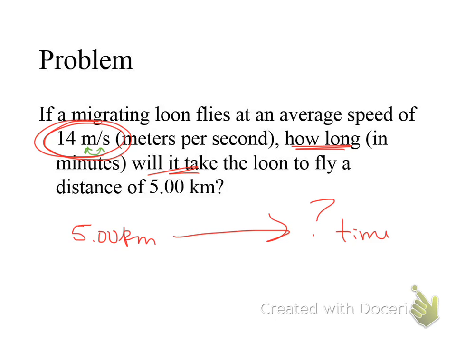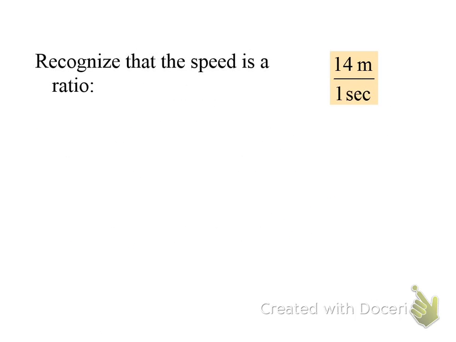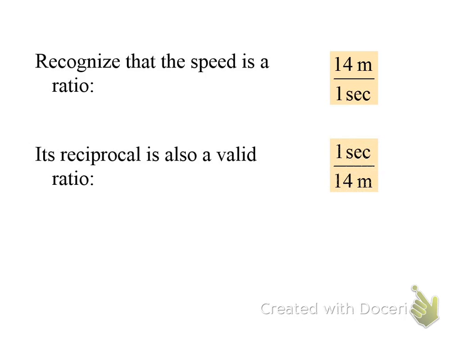So to work this, I've talked about the term unpack, and here it comes again. You need to unpack that speed. The 14 m/s, what that means is 14 meters in 1 second. We could also say for that loon that in 1 second it will fly 14 meters.